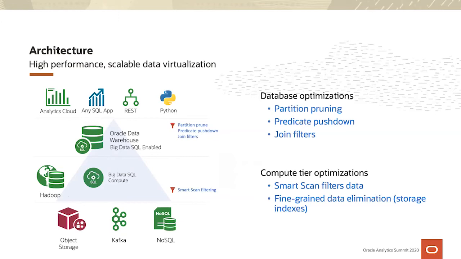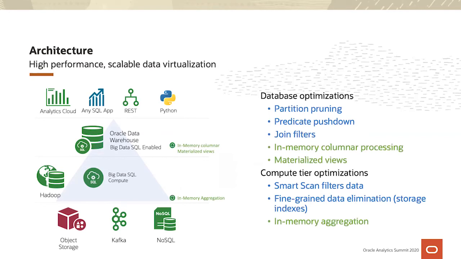And there are all sorts of optimizations that take place, including when you're joining data from lookup tables to fact tables, those predicates will be pushed down to the compute for efficient processing. In addition, the database, like with 19c, introduced in-memory columnar processing. So now you can do in-memory processing on the database tier for sources to get lightning fast response time against data across these sources.